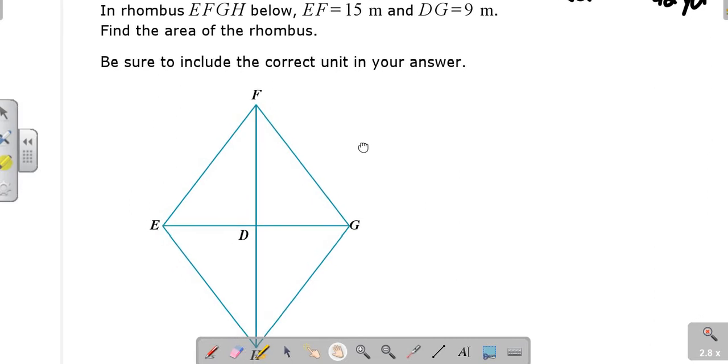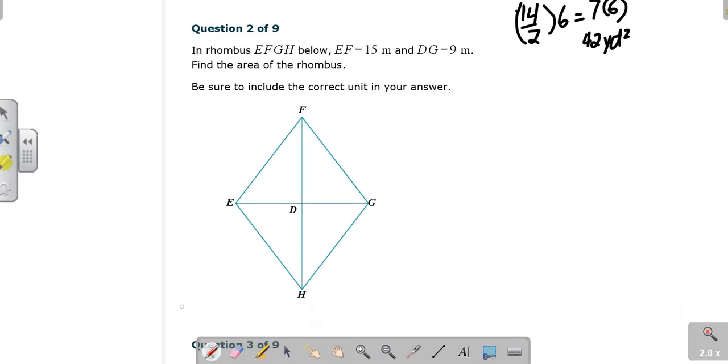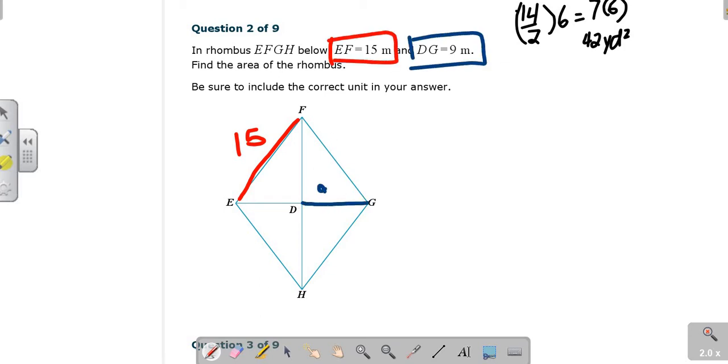In the rhombus below, we are given the fact that EF, DG is 9, and we want to find the area of the rhombus.